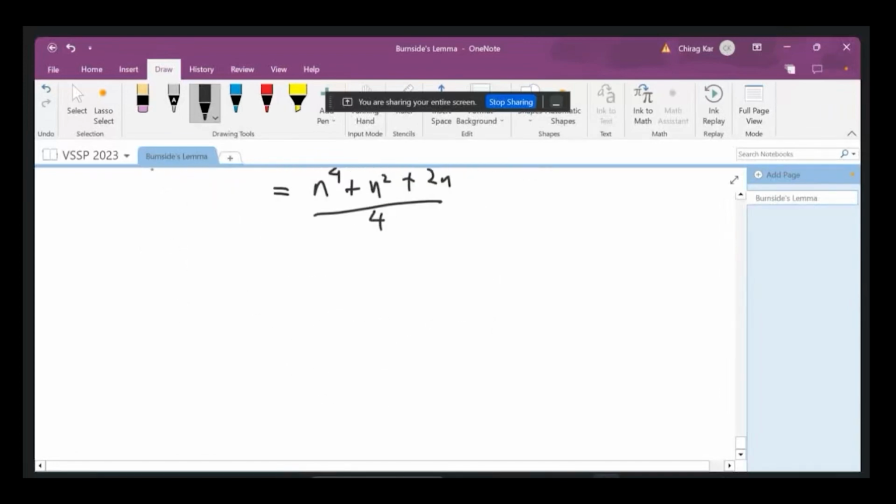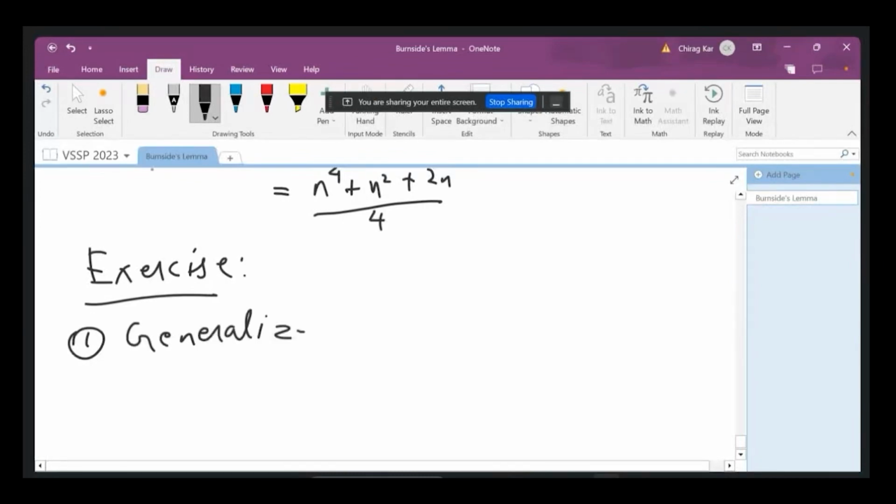With that, I believe there are no more examples that I'd like to share, but I would like to give a few exercise problems, which I think will enhance your understanding of this. The first exercise problem, as always, is to generalize.